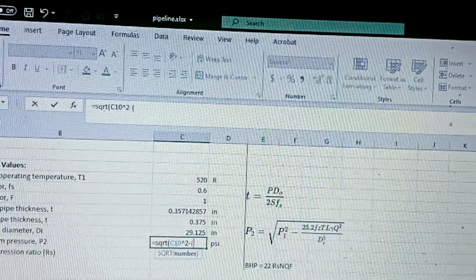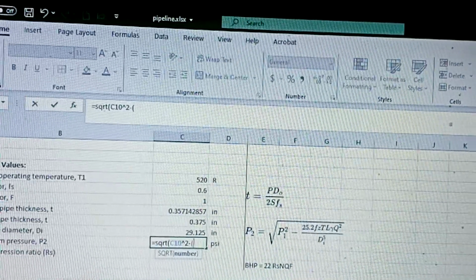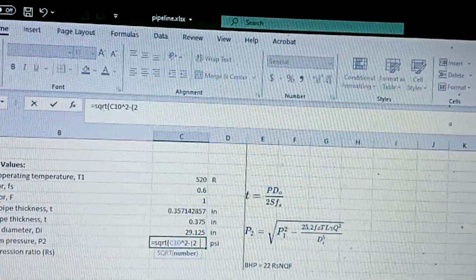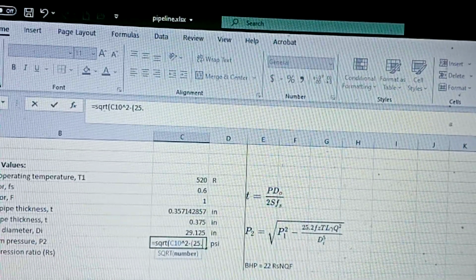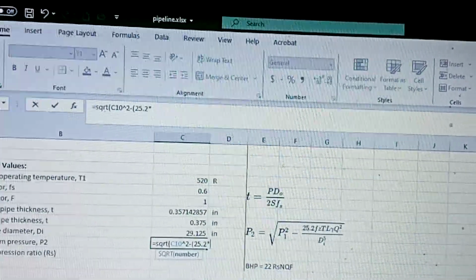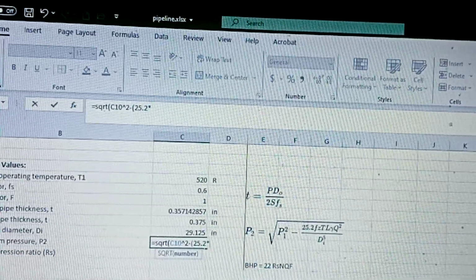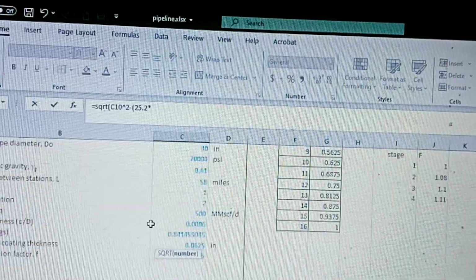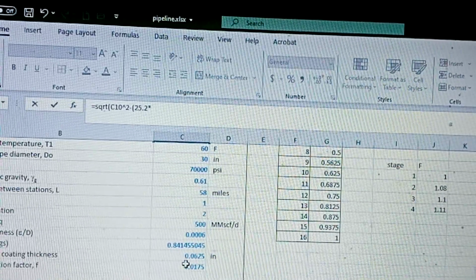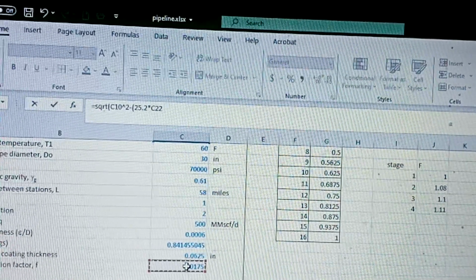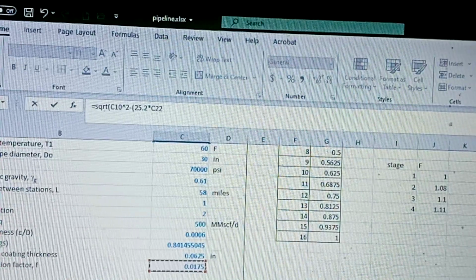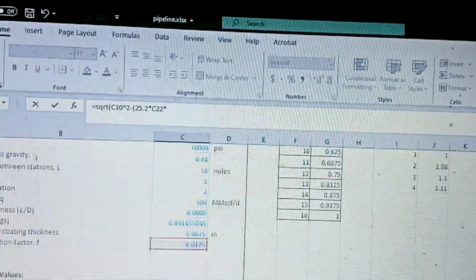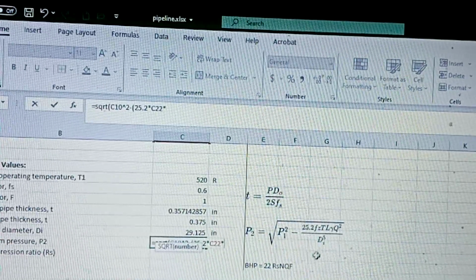I open a bracket. The first thing is 25.2, 25.2 multiplied by the friction factor, Moody. So I'm going to click on that, C22, multiplied by what next?